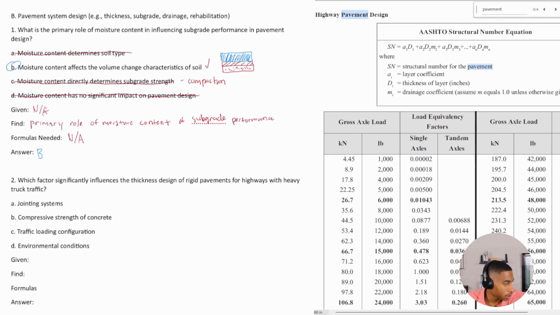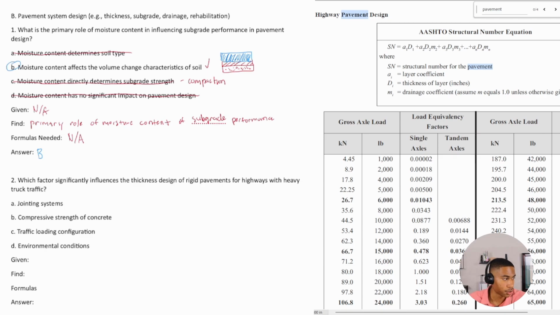Also, excessive moisture can weaken the subgrade, causing instability and settlement issues. Proper drainage measures are necessary to maintain moisture levels and prevent detrimental effects on your pavement performance. So those are just some extra things to keep in mind if you're given conceptual questions on this exam when it comes to pavement systems design.